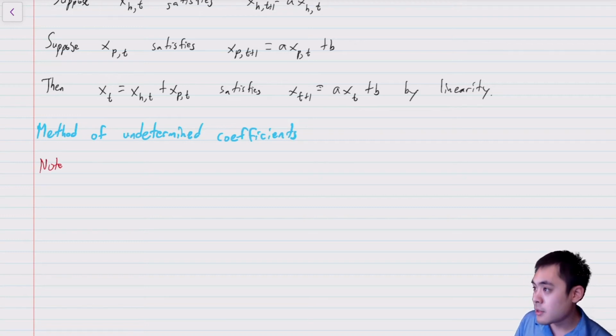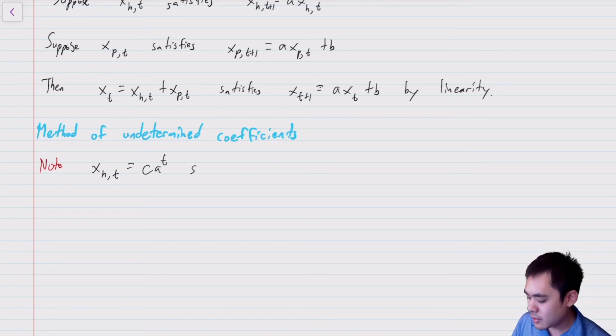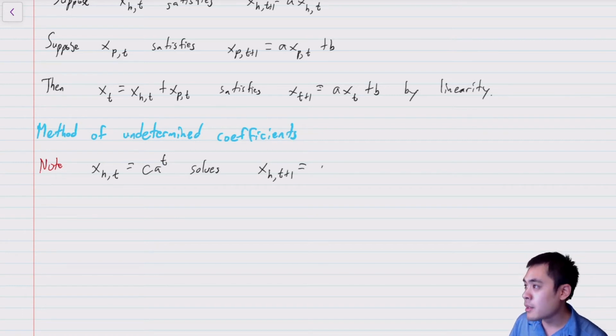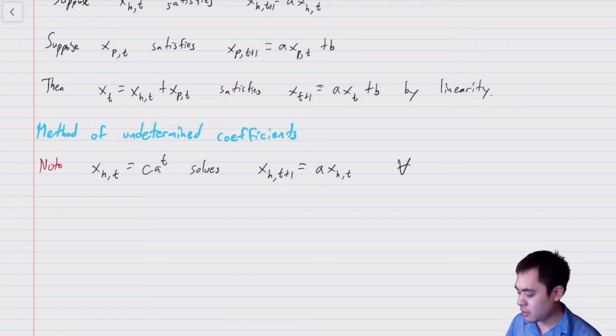So now, note that x sub h comma t, if we set that equal to c a to the t, this solves the equation x sub h comma t plus 1 is equal to a x sub h comma t for all real numbers c.